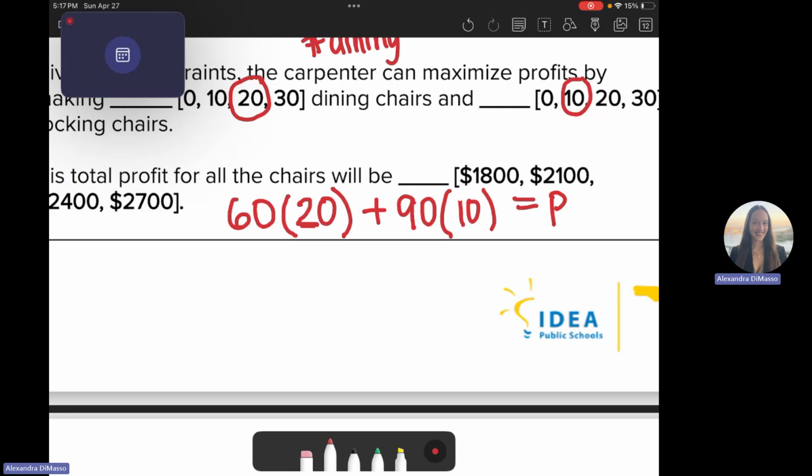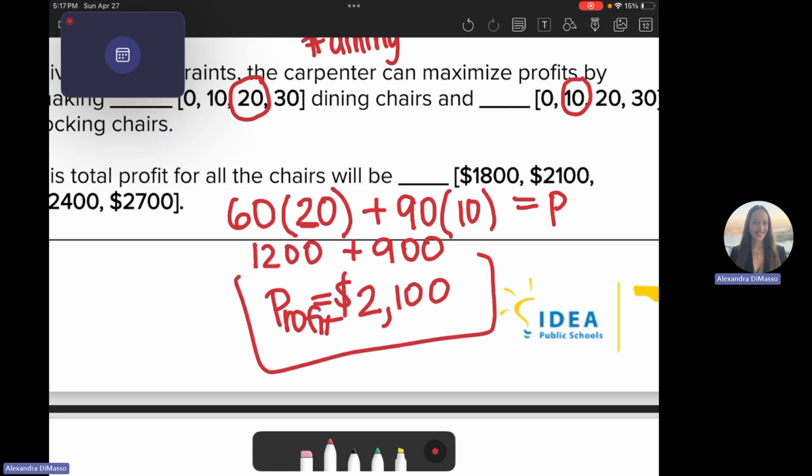Okay, so 60 times 20, 1,200 plus 900. So when I add those two together, his profit is a total of $2,100.